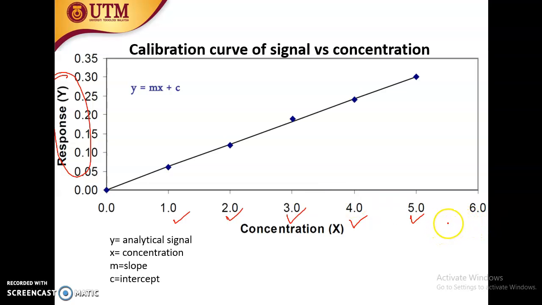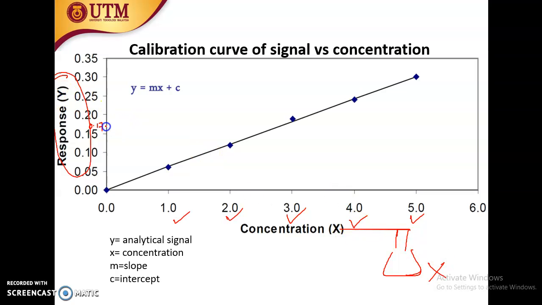Okay, and then you run your sample denoted as X. As I said just now, if you run your sample into the instrument, the instrument says that the signal I get is around 0.17. That is the signal for X.